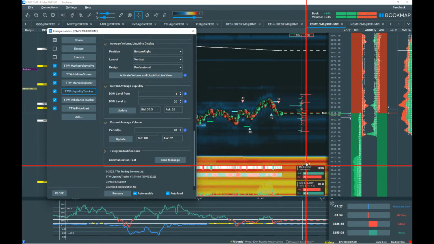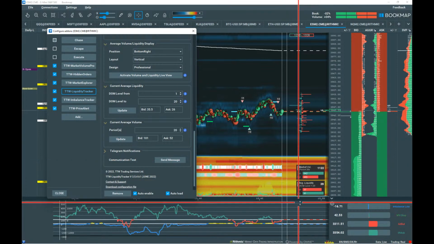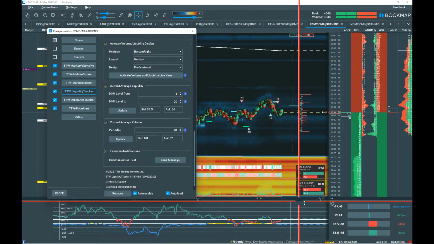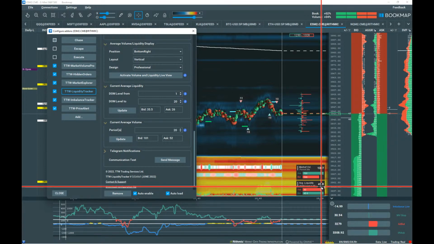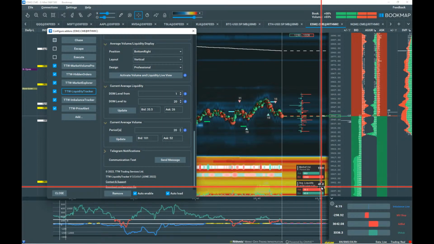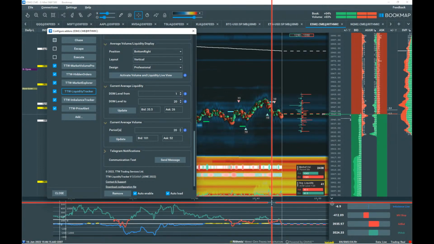Okay, now since we have set the market volume and liquidity here on the liquidity tracker, we get a glimpse, we get a feeling about the instrument and what happens today. And you see, as I mentioned, the liquidity is extremely low. So the consequence might be, in this case, that you have to raise your stops because the market is so fast.